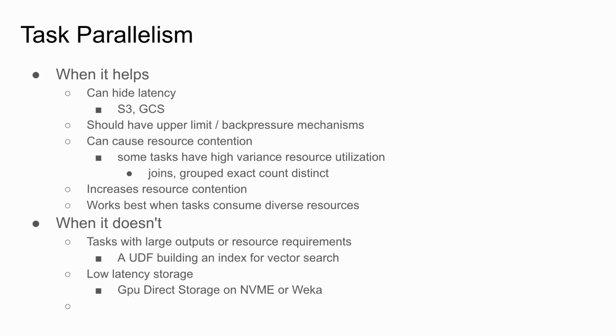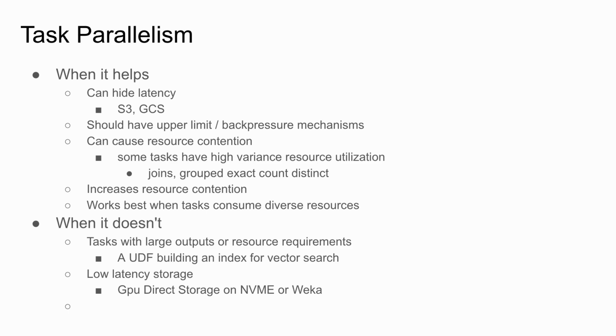And you also need to worry here about resource contention. Tasks can have very high variance in terms of resource utilization. If you've been working a lot with UDFs, you might find that users can do some pretty wild things in user-defined functions.